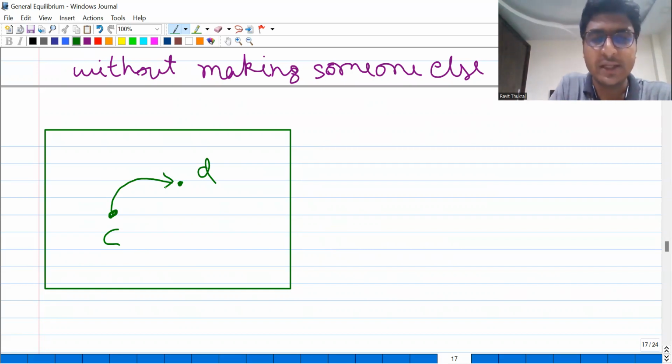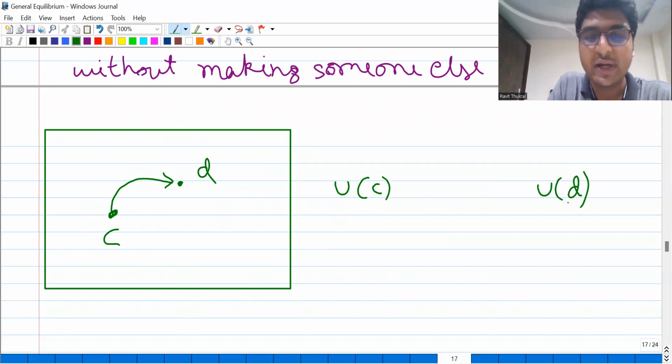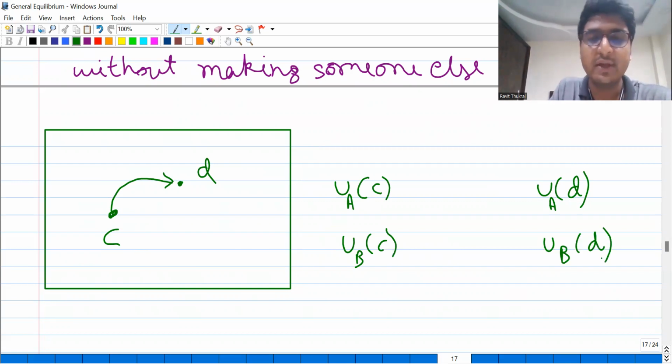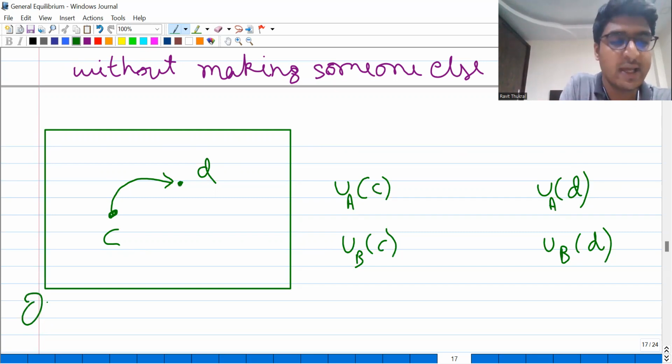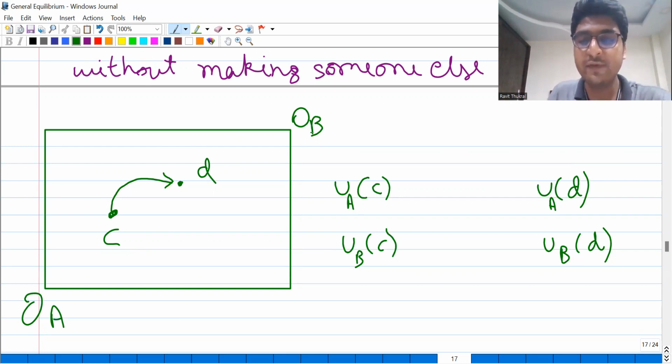Okay, that is, if I check the utility at C and at D of individual A, okay, and individual B. All right, so UAC is utility of consumer A from bundle C and UAD is utility of consumer A from bundle D. All right.